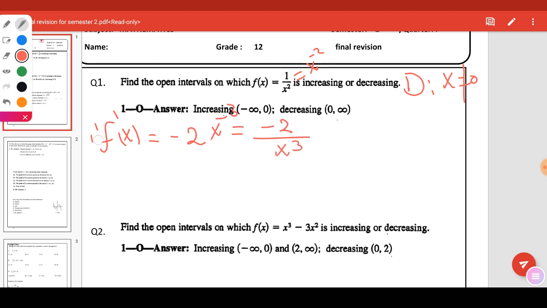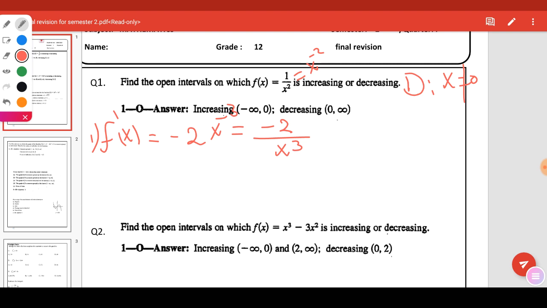As you know, to find the critical number, we find the values of x at which the first derivative equals 0 or does not exist. It equals 0 if the numerator equals 0, and does not exist if the denominator equals 0.